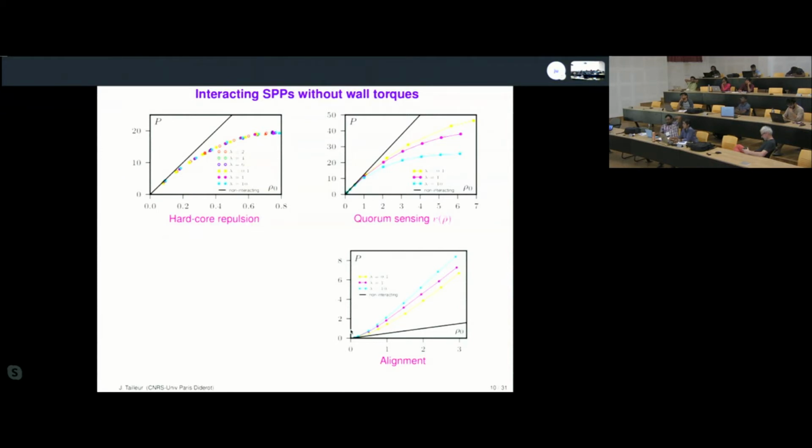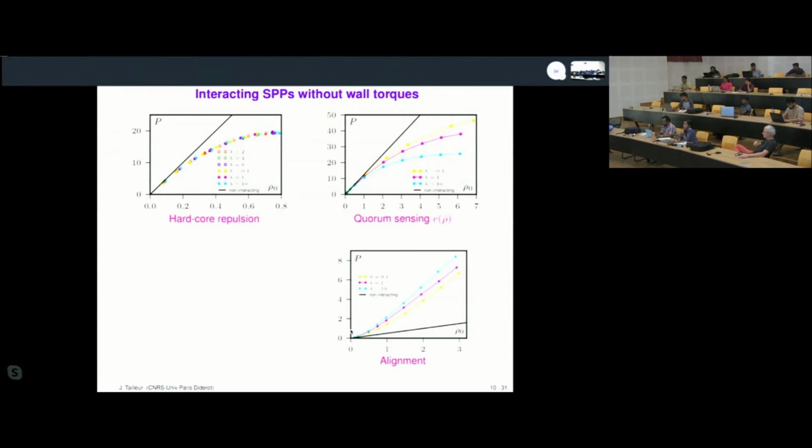This is called the quorum sensing interaction, meaning that my self-propulsion statistics typically depend on people around me. Here you can see 3 different simulations with 3 different confining potentials with 3 different stiffnesses for the same interacting systems. And this time you see that the curves of the pressure versus the density do not fall on the master curve, so you don't have an equation of state.